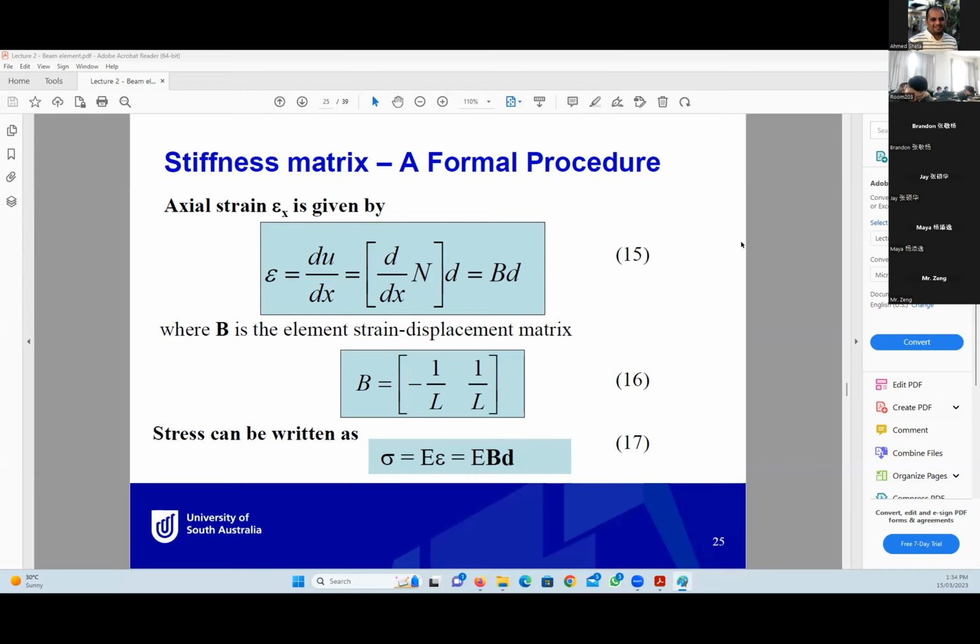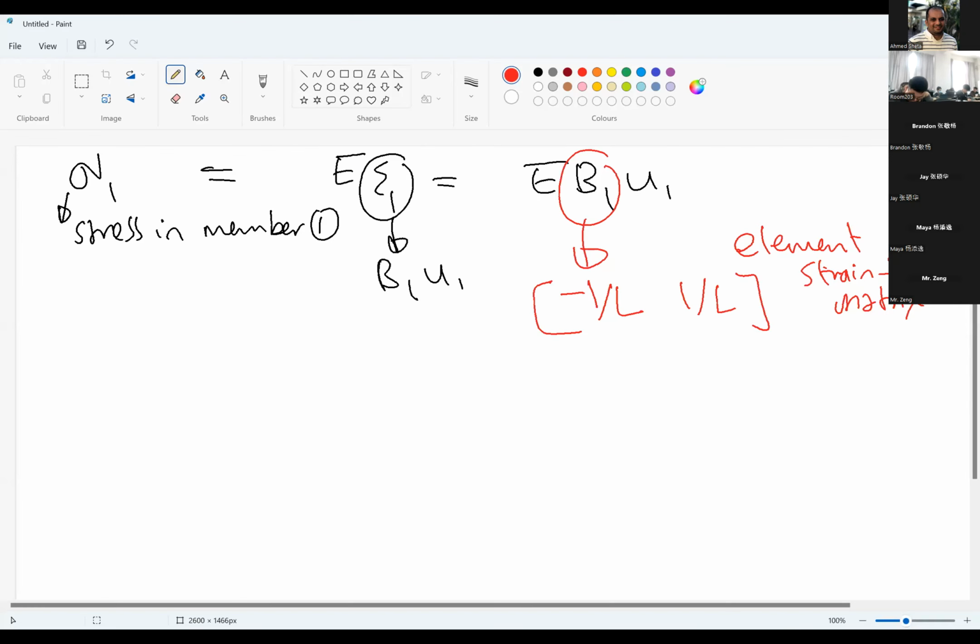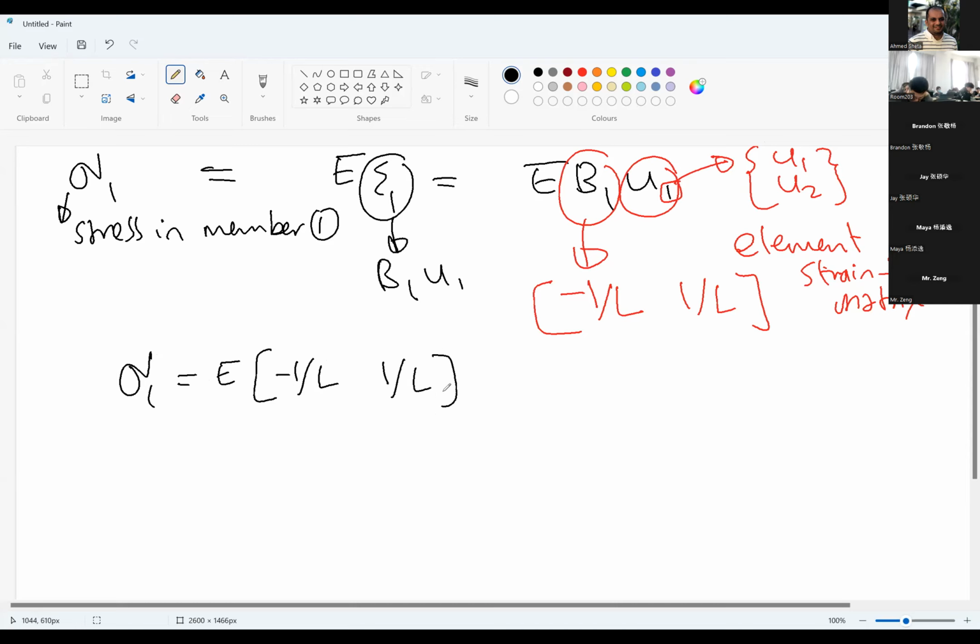Okay, so if we return back to our calculation again, this is B. U1 is the deformation for member 1, so it is U1 and U2. So the equation of stress here can be written as sigma 1 equal to E times negative 1/L, 1/L times U1, U2.